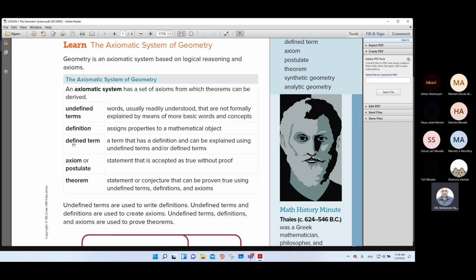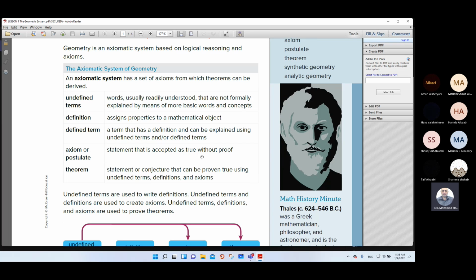Then we have defined term, which means a term that has a definition and can be explained using the undefined terms and or defined terms. Axiom or postulate means a statement that is accepted as true without proof.